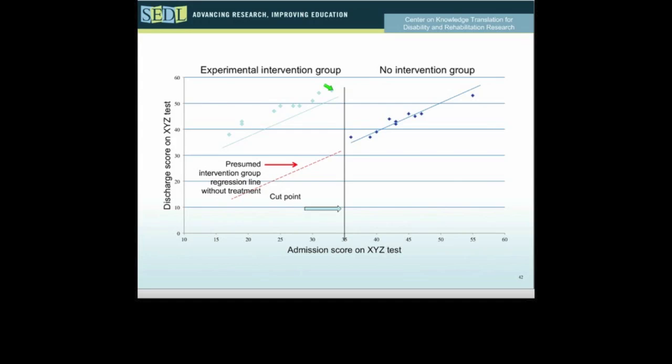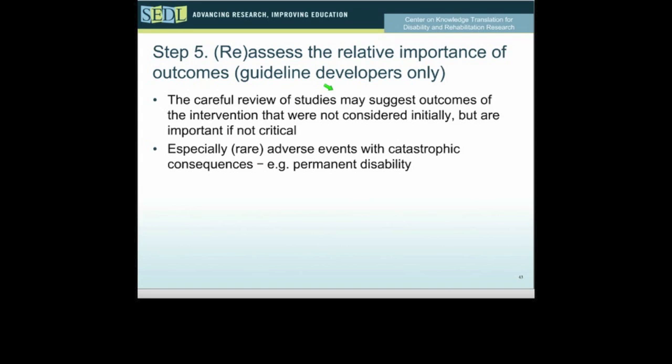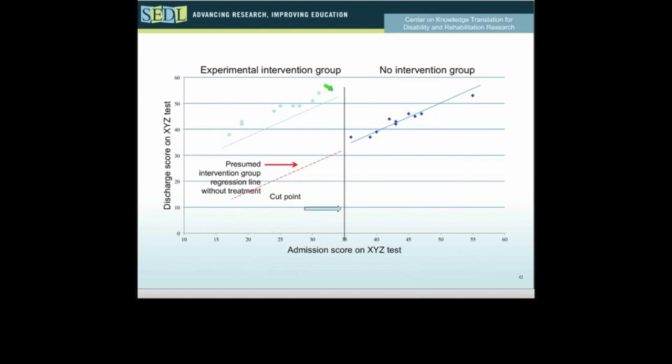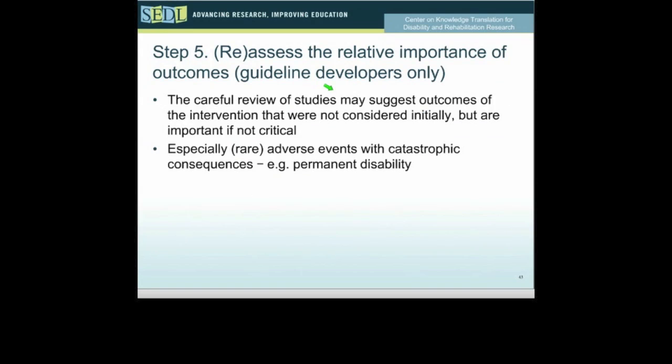It's impossible to come up with a reasonable explanation. So, this is one of the situations where we rate up because of confounders doing nothing or pushing closer to what we want to believe.